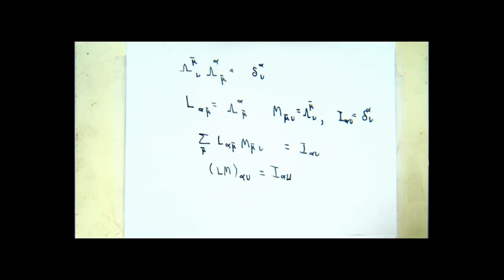The numbers in matrix LM and the numbers in the identity matrix in corresponding positions are equal to each other. That is to say, L times M is the identity matrix. L and M are inverse matrices of each other.